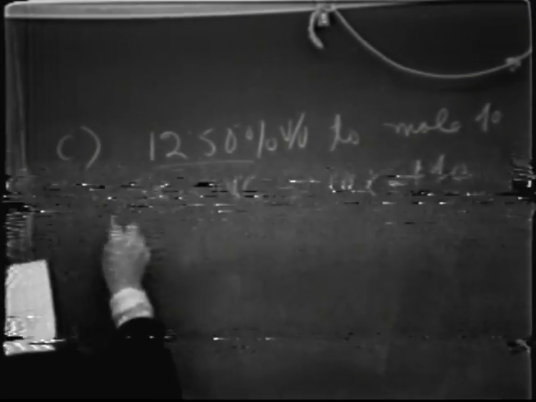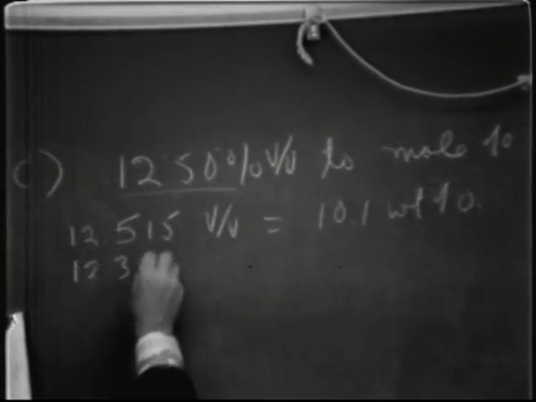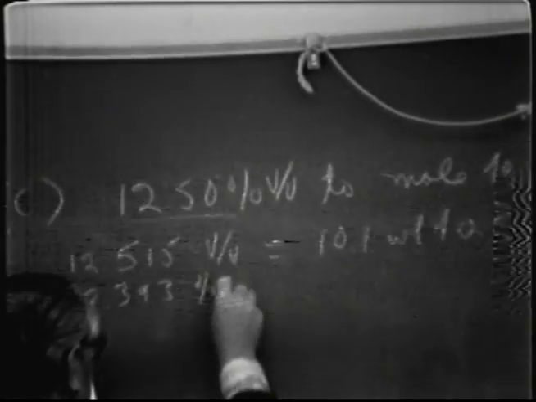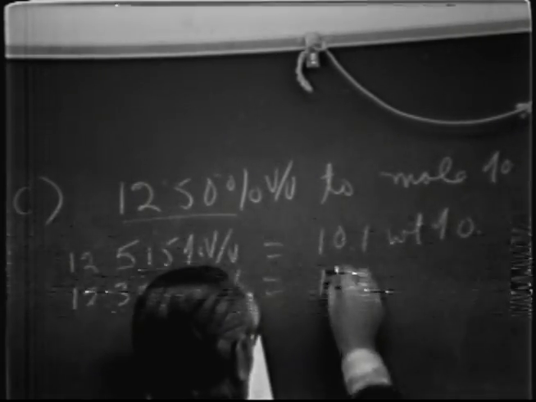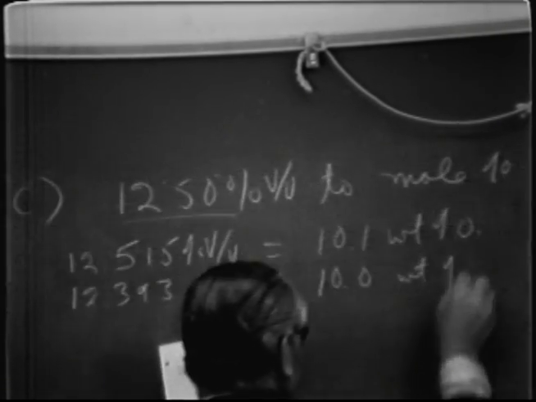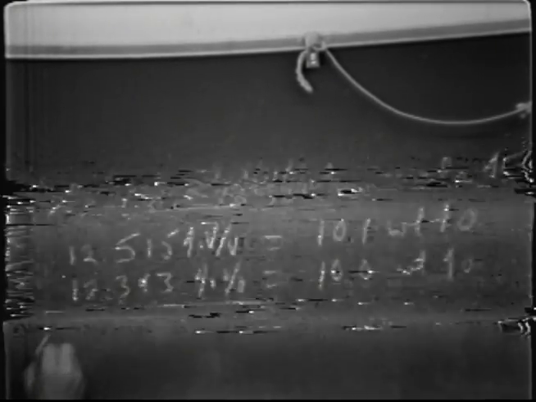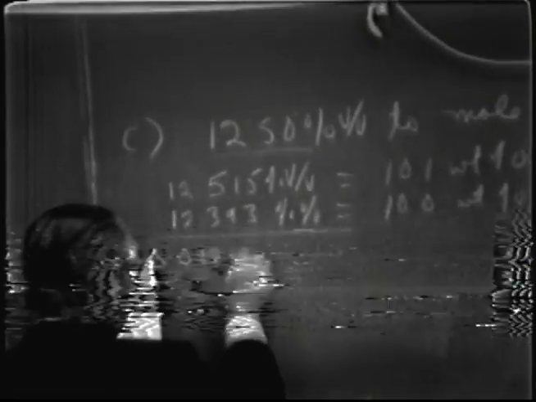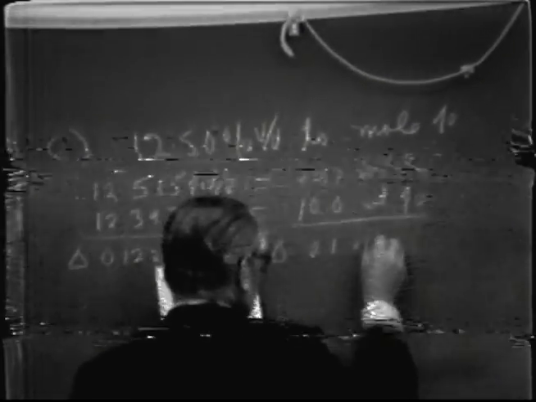Then reading one step over in the table, you get 12.393% by volume is equal to 10.0 weight percent. And so the difference here, 0.12% by volume, is equal to a difference of 0.110% by weight.